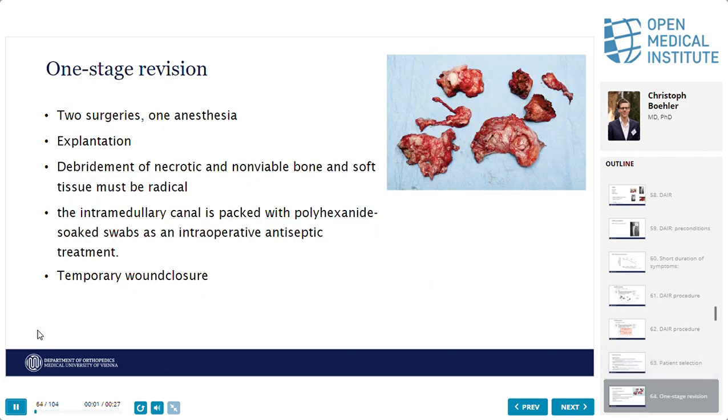So now we're heading for the other big concept, the one-stage revision. So basically this is 2 surgeries in one anesthesia. So you do the explantation of the implant, you do an aggressive debridement, and then you irrigate, and then you use polyhexanide or chlorhexidine, put it in the wound, and then you make a temporary wound closure.